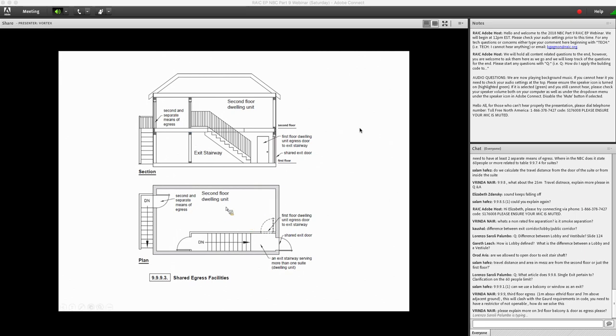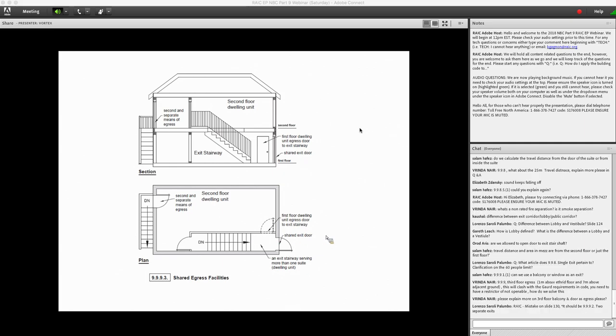This chart illustrates this requirement in 9.9.9.3 of the code, where you have a shared egress facility in a dwelling unit. Again, this is not applicable to dwelling units in a house with a secondary suite.